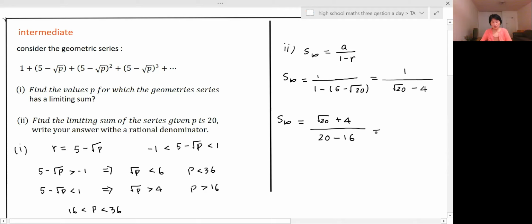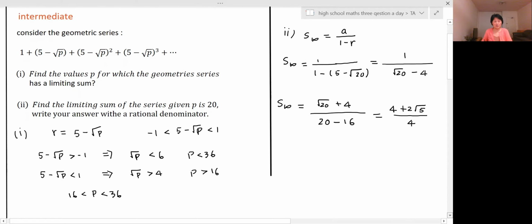Then this equals 4 plus the square root of 20, which is 2 root 5, all over 4. So I found the limiting sum, and the denominator is a rational number. Okay, this is the first question.